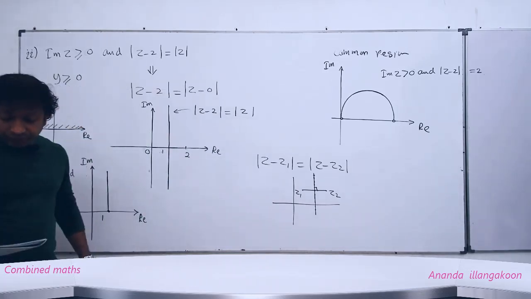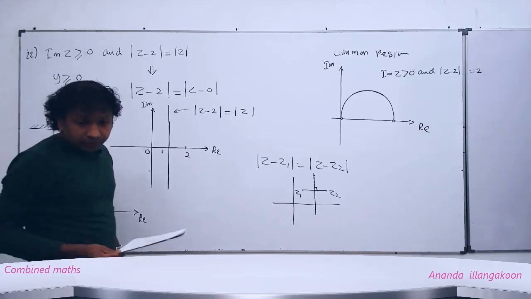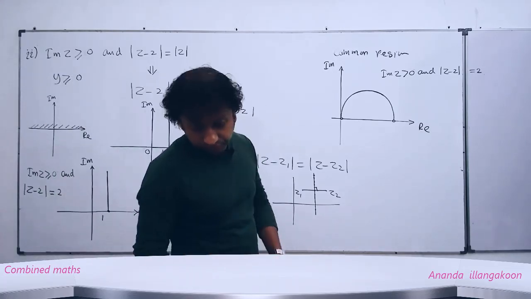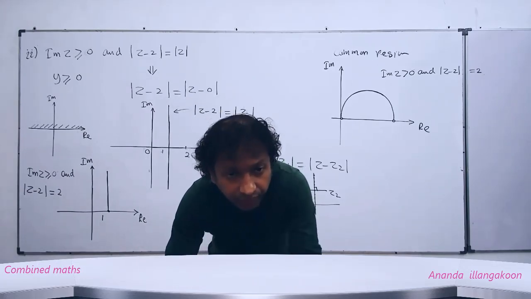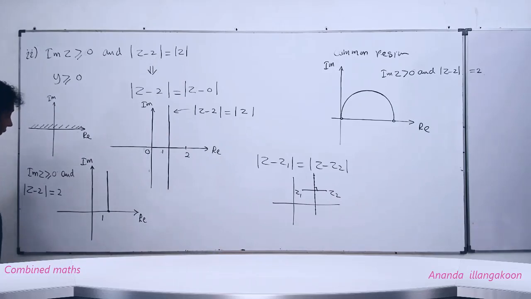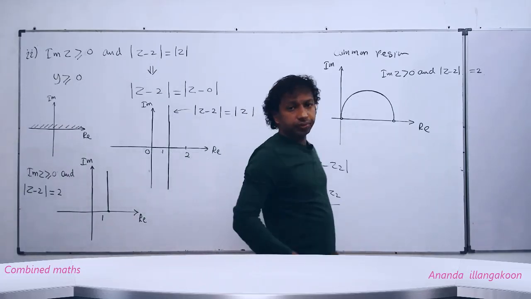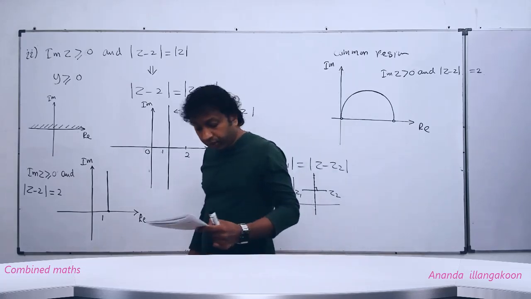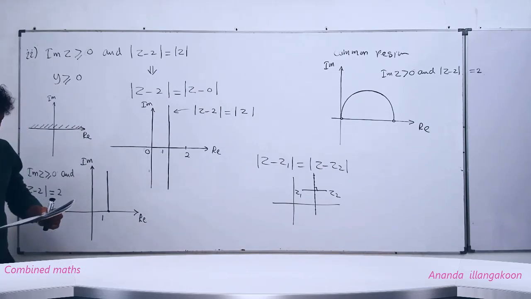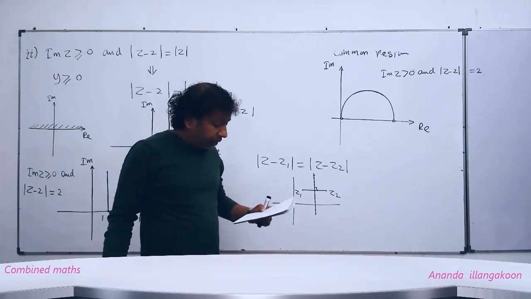Now another part is there, people. What is that? Find the complex number z that satisfies the conditions given in both 1 and 2 above.